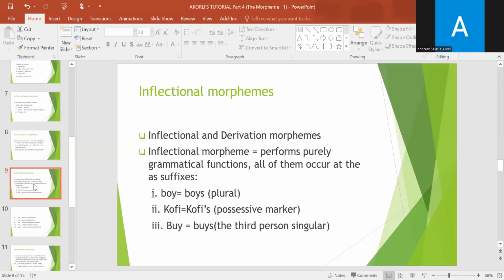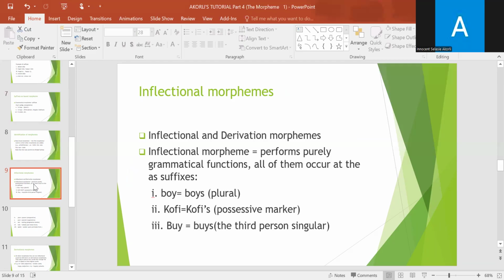So it's a process of deriving a word from another word, where we add a morpheme to another root word to form that word. So an inflectional morpheme performs purely grammatical functions.